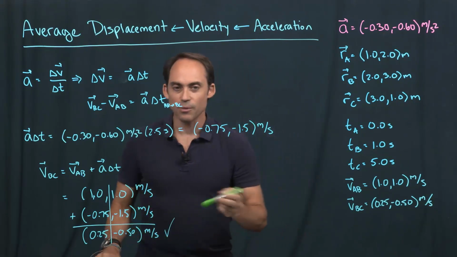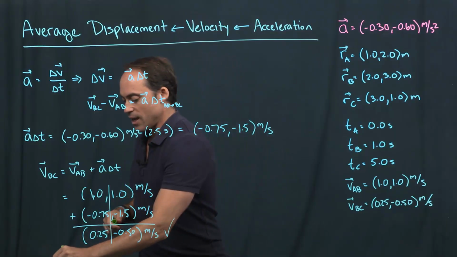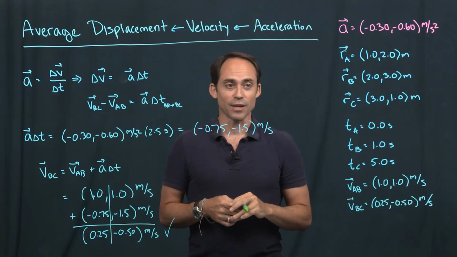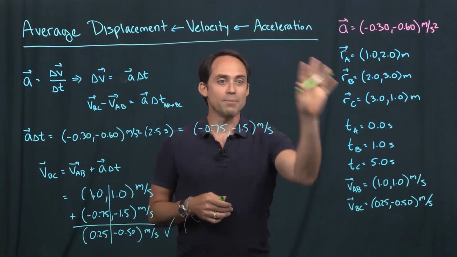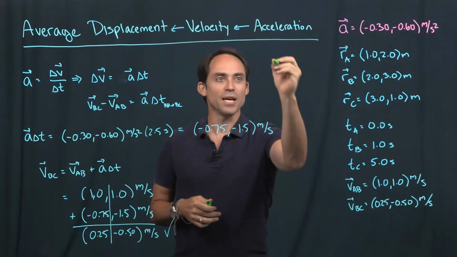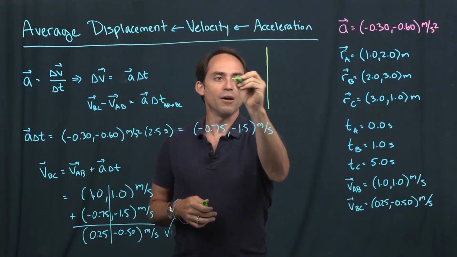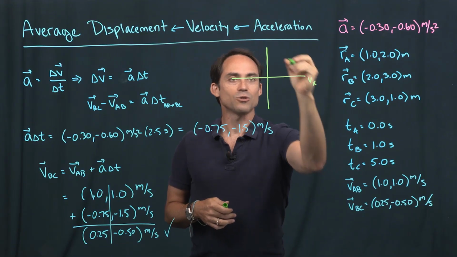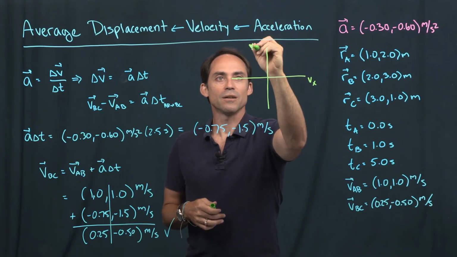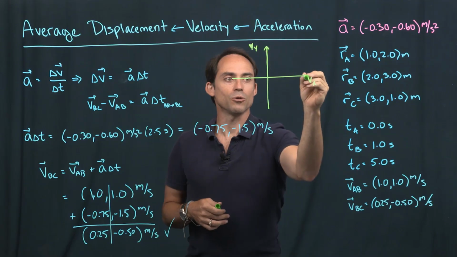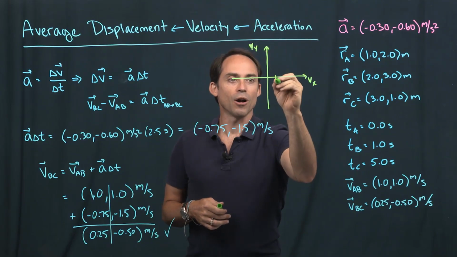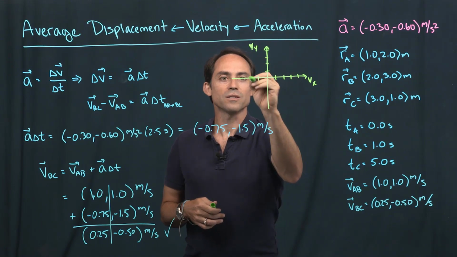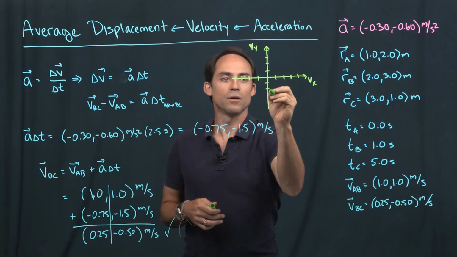Now, there's another way that we can check our answer, and that's again reverting back to the graphical representation of these vectors. I've eliminated my position map, and I'm going to replace it now with a map of the velocity components. So if we look at the velocity in the x direction, the velocity in the y direction, we'll give them some directions here, and I'm going to mark off ticks along these coordinates like we always do.